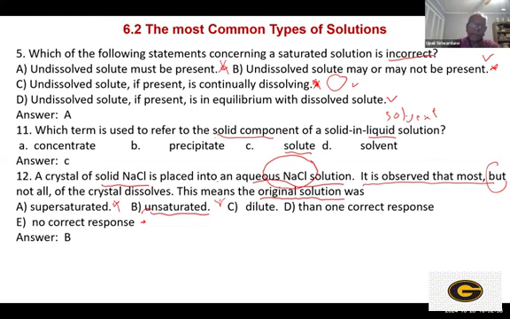Now we have the answer. They are not talking about this solution.